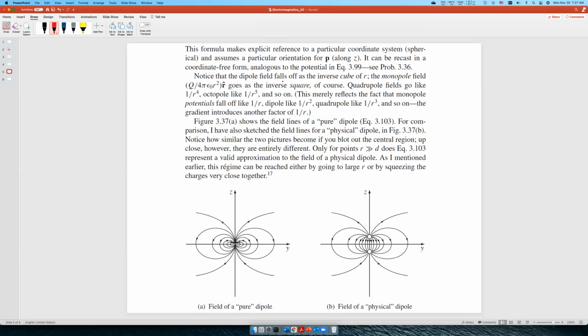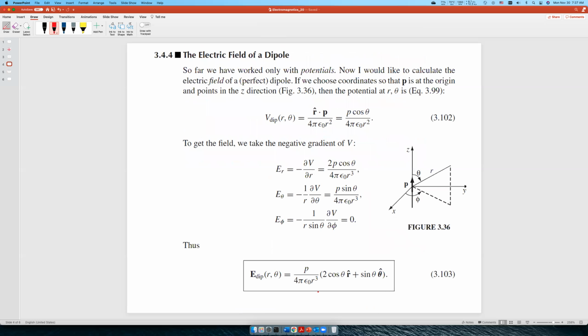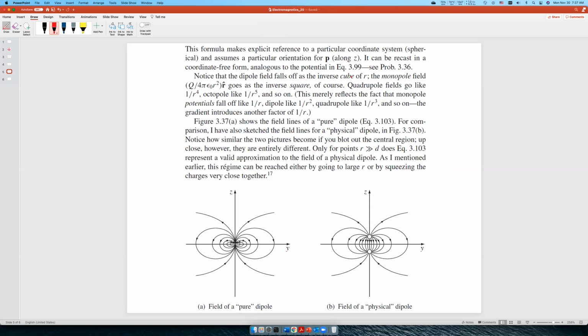Notice that the dipole field falls off as the inverse cube of r. If you look at this term, it's 4 pi epsilon 0 r cubed, so it falls off as 1 over r cubed. The monopole field goes as the inverse square, of course.